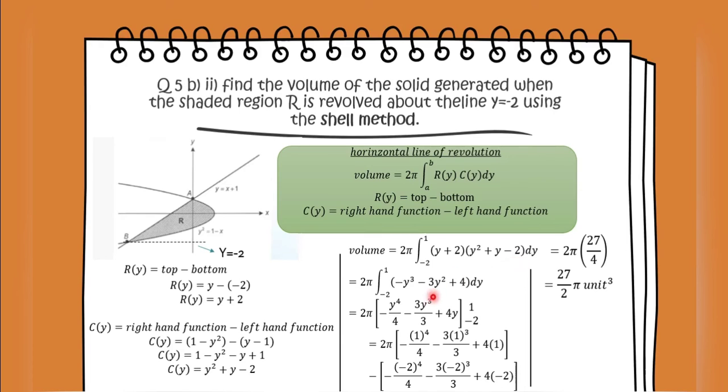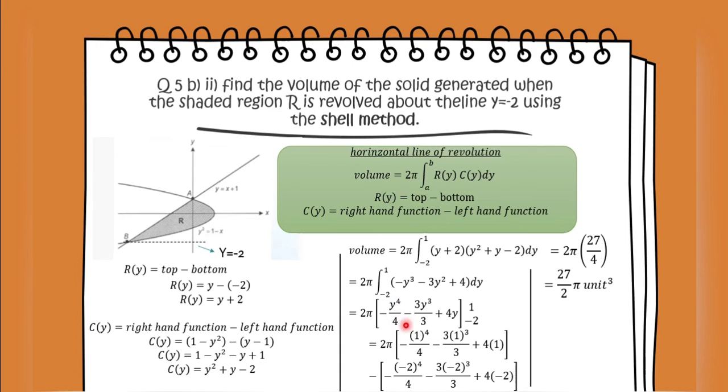Okay, and then just expand this equation, and then you will get negative y cubed minus 3y squared plus 4.